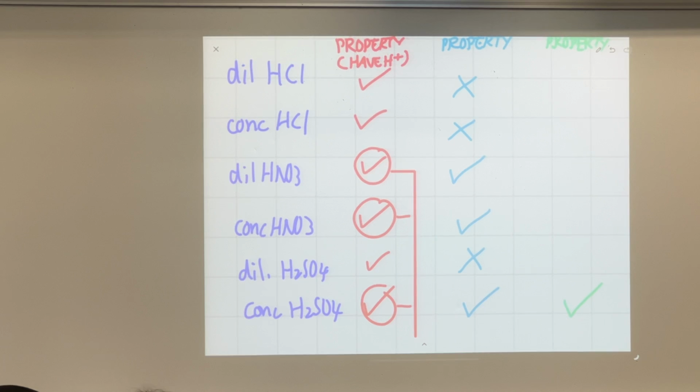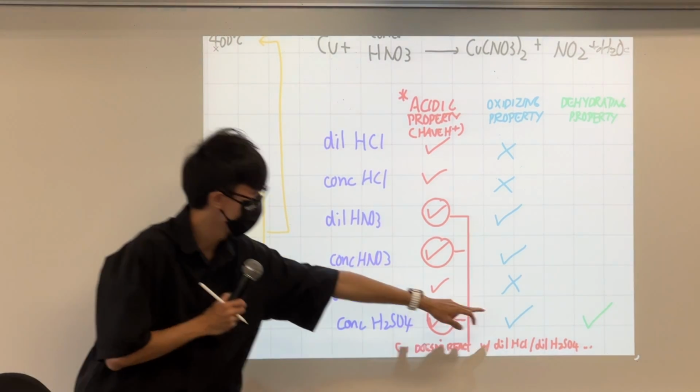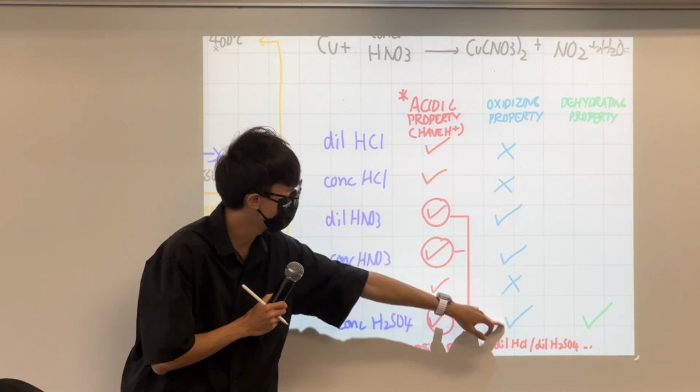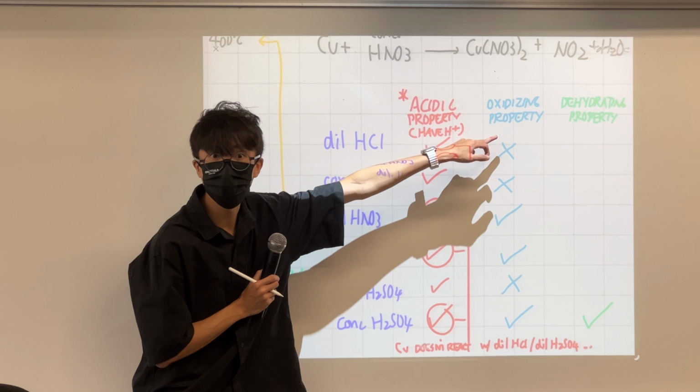Copper does not react with dilute HCl or dilute H2SO4. But it reacts with the other acids, dilute HNO3, conc HNO3, and conc H2SO4, because of their oxidizing property.